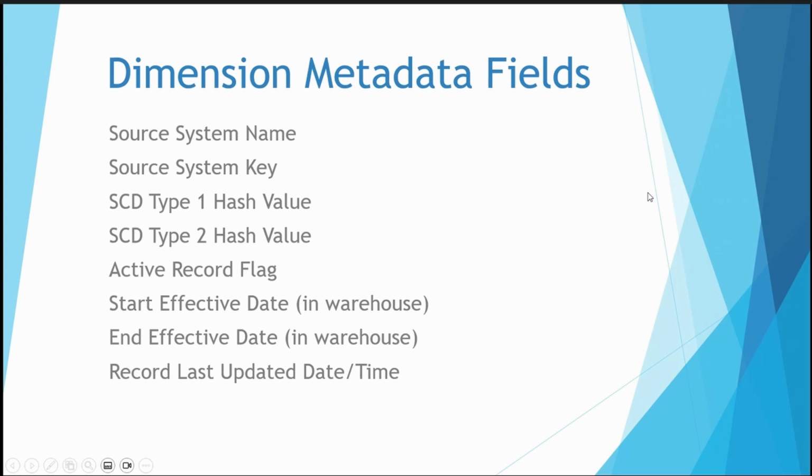So because of this, these are my metadata fields that I add. I have a source system name and source system key. Here's an example from my current college. We have our building data, and different buildings the college owns.